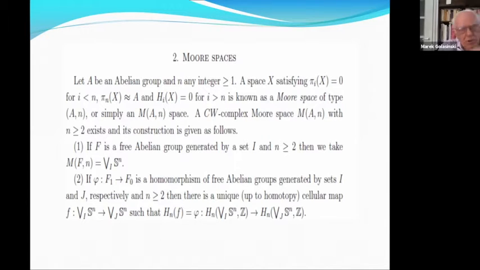Also, you can show, using this construction, that if you have a homomorphism of free groups, then this homomorphism can be extended to a map of Moore spaces, which we construct in part 1. And this map has this property: if you apply the homology functor, then the homology of this map is equal to the homomorphism from which we started.